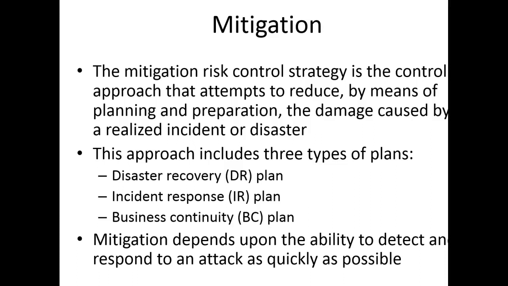You can develop a disaster recovery plan, an incident response plan, and also business continuity, which most organizations actually develop. So they need to have some sort of mitigation strategy in order to develop risk control management in the company. Mitigation depends upon the ability to detect and respond to an attack as quickly as possible.